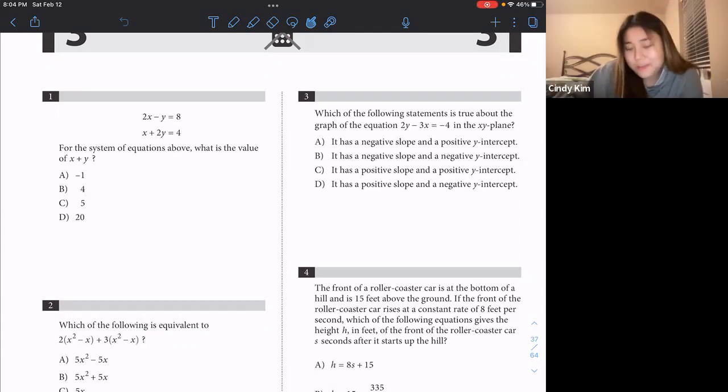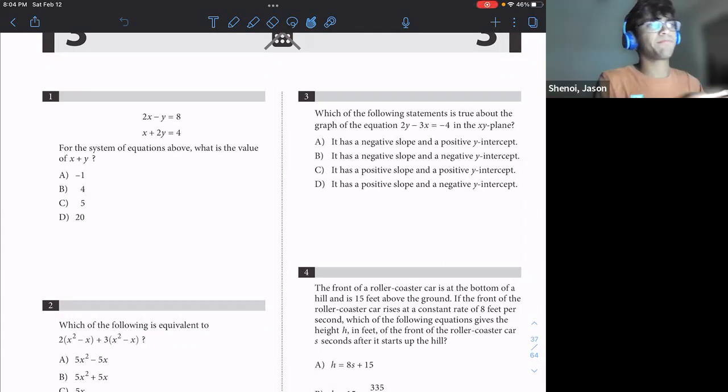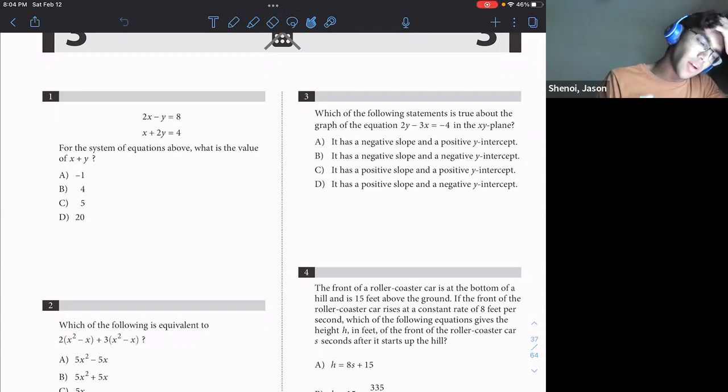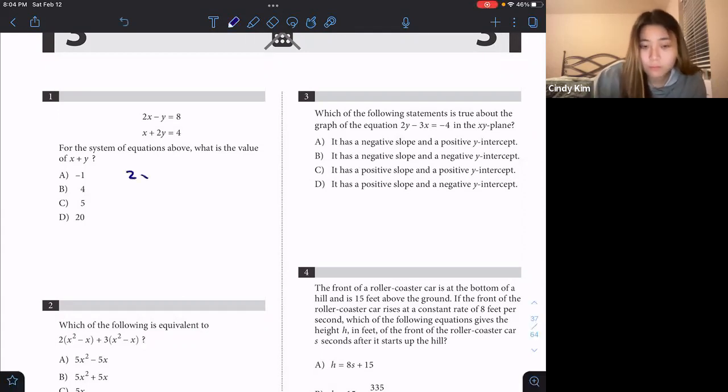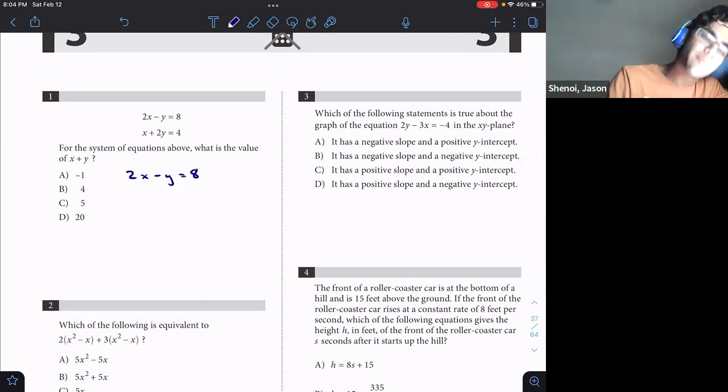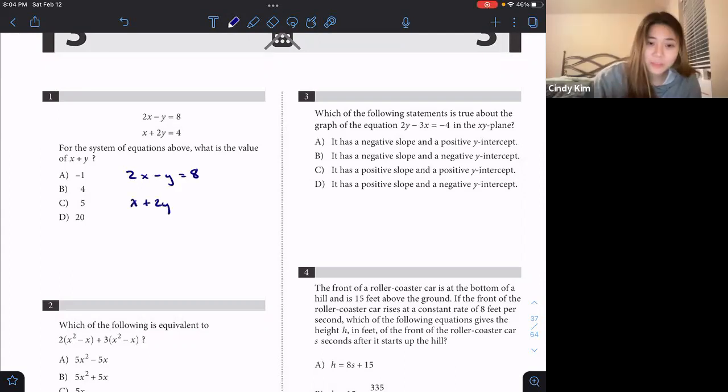Oh, I did it, but it didn't come out. Okay, so how do we solve for this? What's the first step? Do we add or subtract? Just tell me what to write. So I did negative y equals negative 2x plus 8.